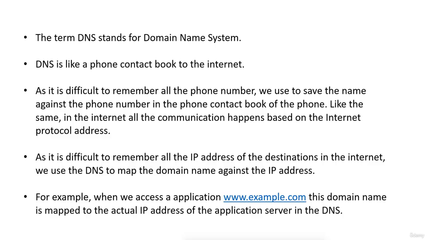Once it gets the IP address, the actual communication starts. So it is similar to the contact book in the phone, but here the DNS maintains the record of the domain name against its actual IP address. Okay, let's go to our lab and understand it.